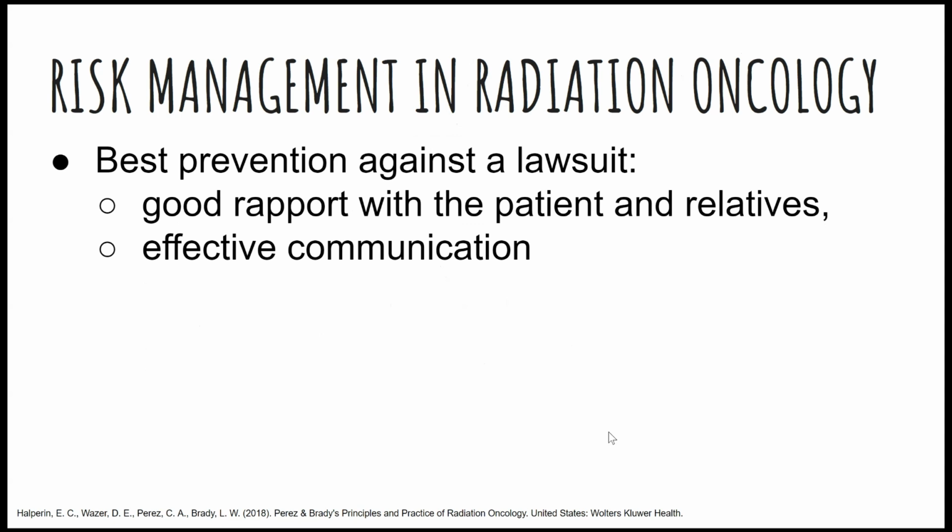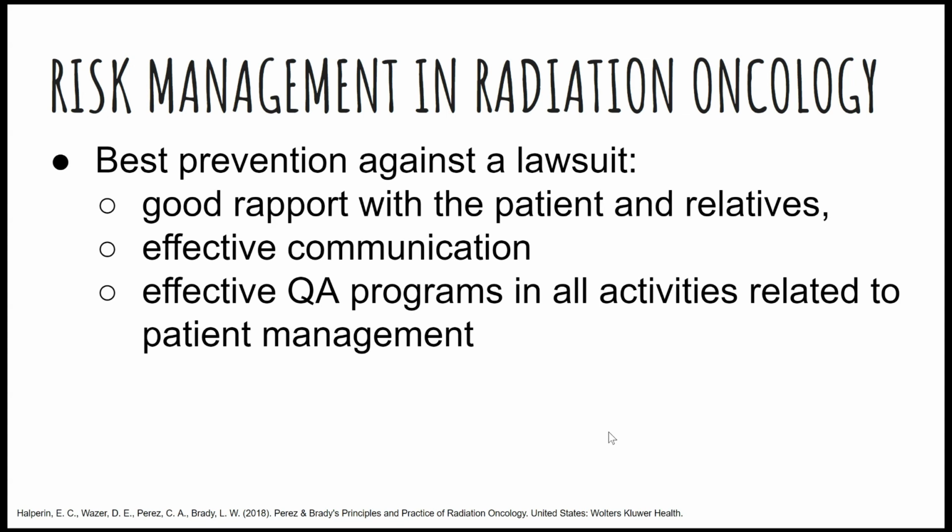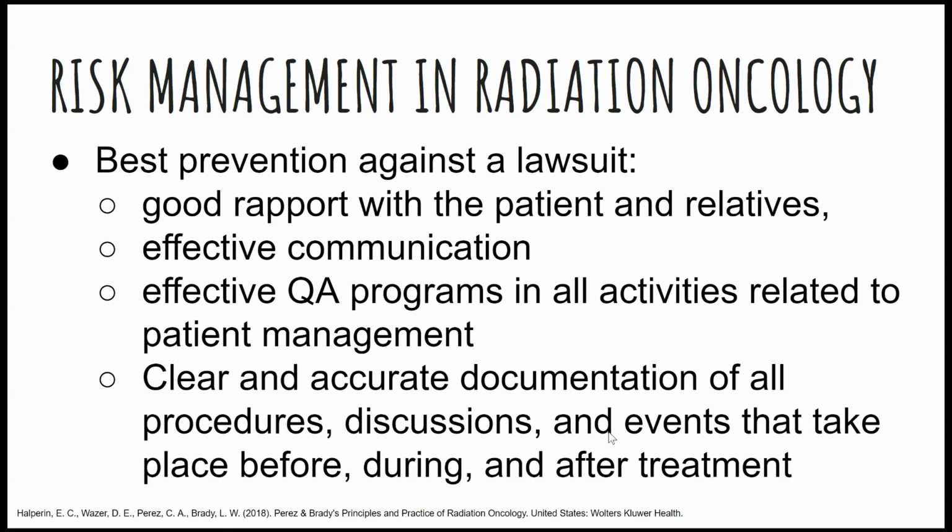Everybody is affected. So you need to have good rapport with them. You need to understand a basic idea regarding their family dynamics. You need to have effective communication. Your QA program should be effective. You cannot slip up there. That is your job. You should know how things are working in your department and how effectively they are working.